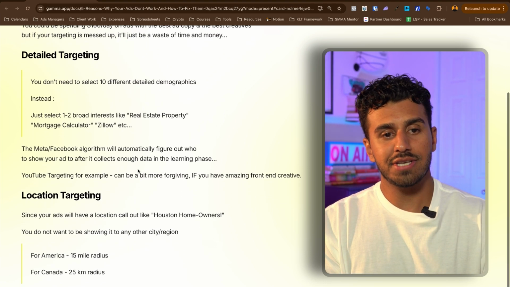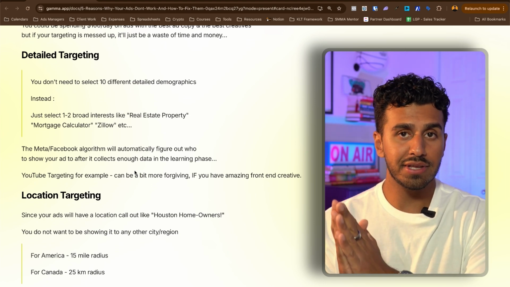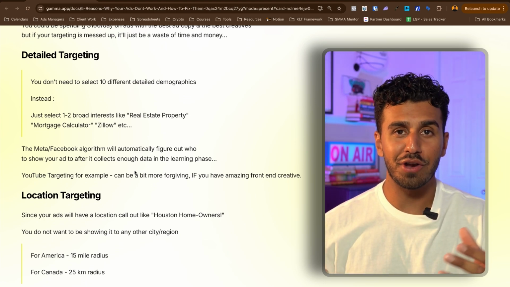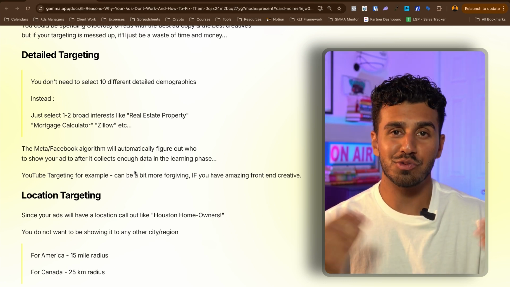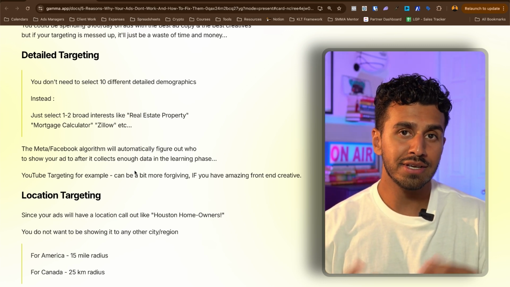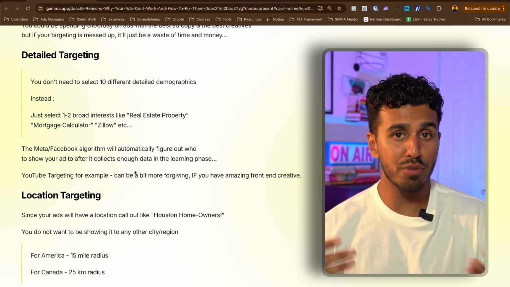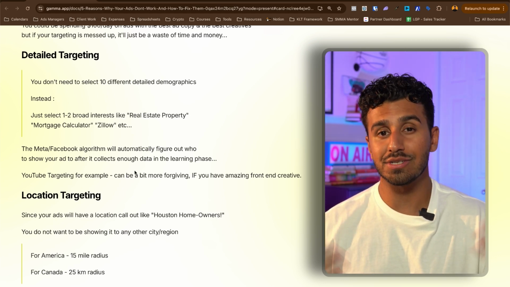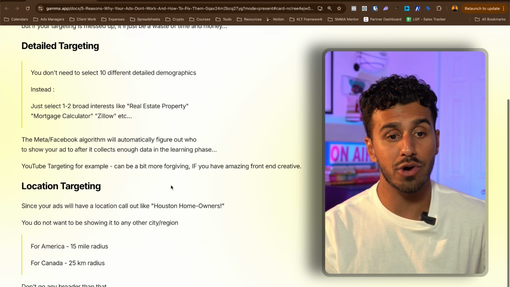The one exception is if you're advertising on a platform like Google with YouTube ads specifically, if you have fantastic front-end creative and you're still trying to throw your ads at general real estate interests, your ads will probably still perform really well. The more specific you get, like keyword targeting, that can outperform your ads sometimes, but in those scenarios, it's best to split test, right? And we'll talk about what that means a little bit later in this video as well.